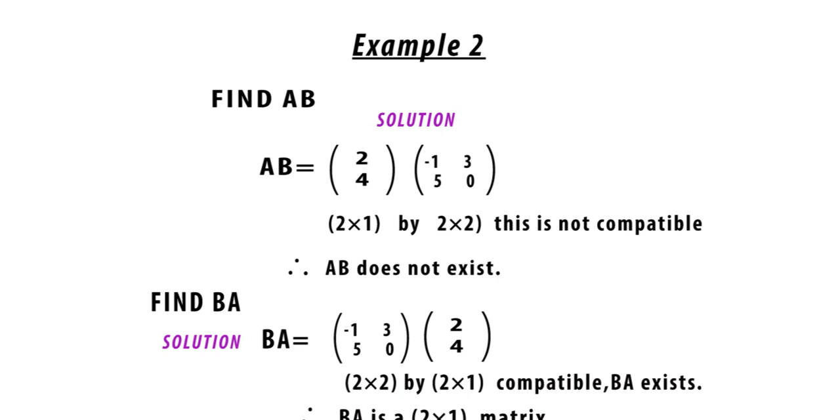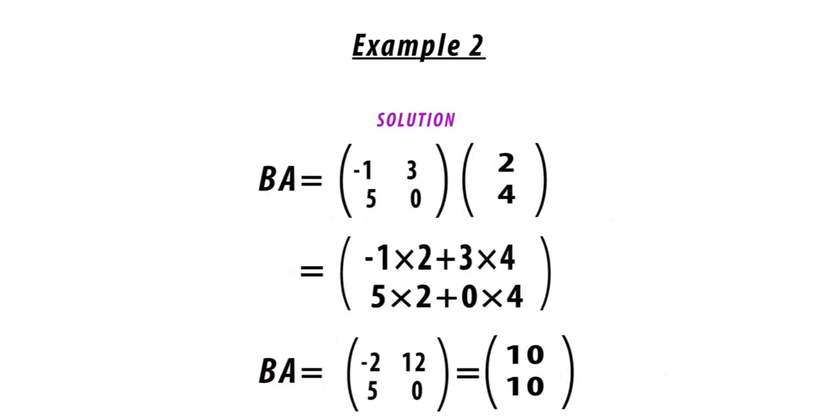Good. Let's go ahead with the multiplication. So the matrix BA is equal to the matrix -1, 3, 5, 0 multiplied by the matrix 2, 4. That is equal to -1 multiplied by 2 plus 3 multiplied by 4 for the first row, and then 5 multiplied by 2 plus 0 multiplied by 4 for the second row.